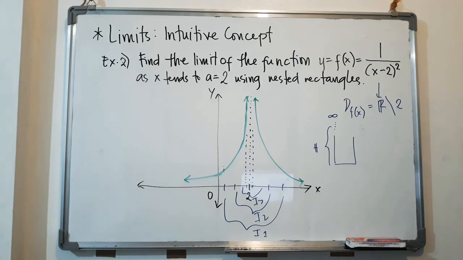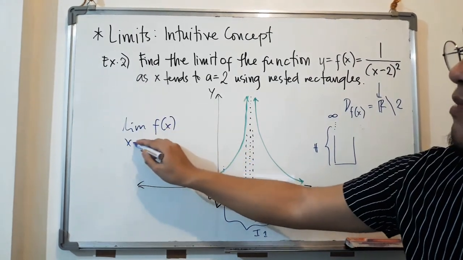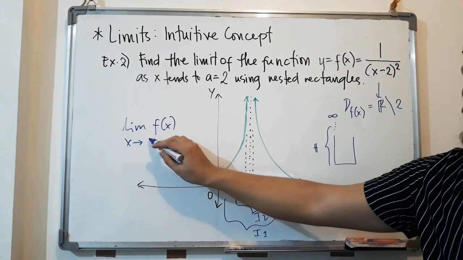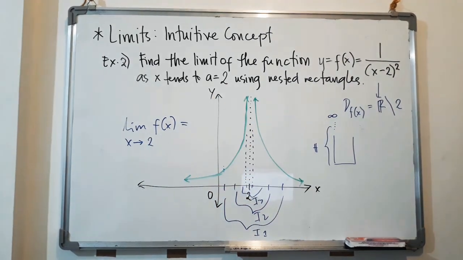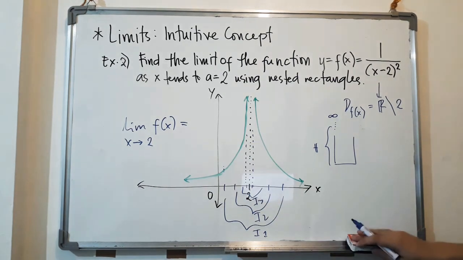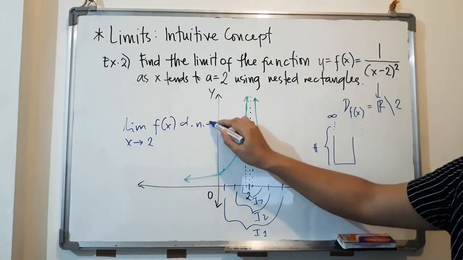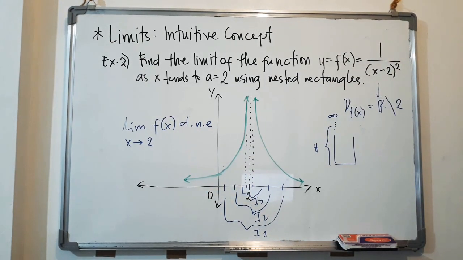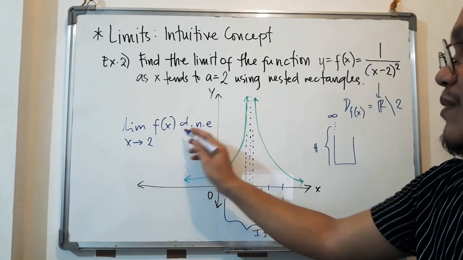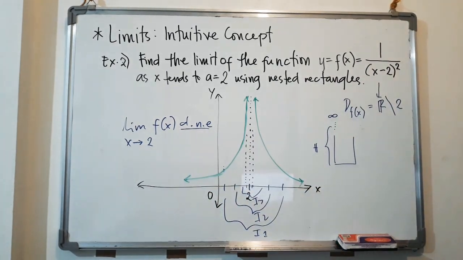Therefore, the limit of our function f of x as x approaches a equals 2 is, or say, ito na lang, d and e, or the limit does not exist. Okay? The limit of this function as x approaches 2 does not exist.